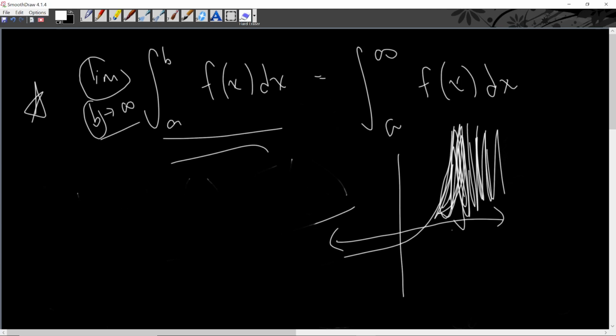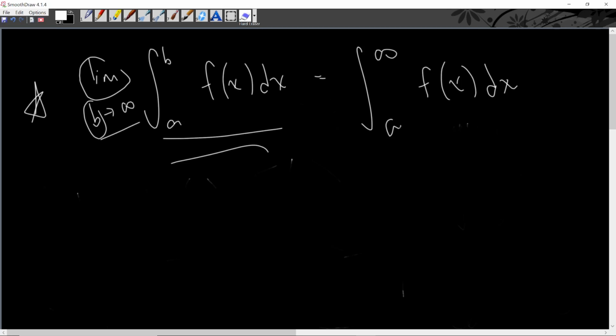I'm not sure if I'm going to use t or not. Some people use t, but it doesn't matter too much. We'll use b. Let's keep it in the same notation as our definite integral, so it's a little bit more natural.